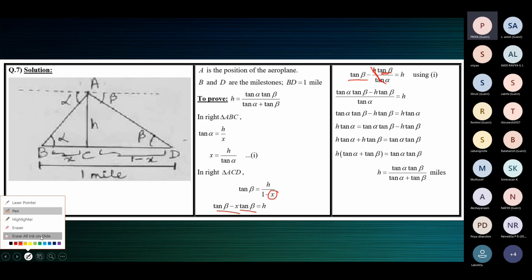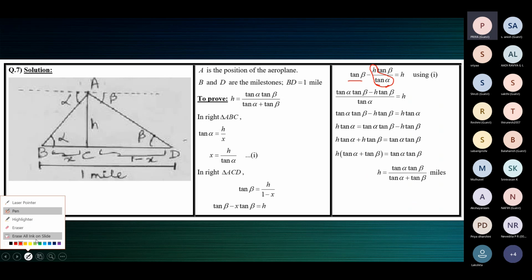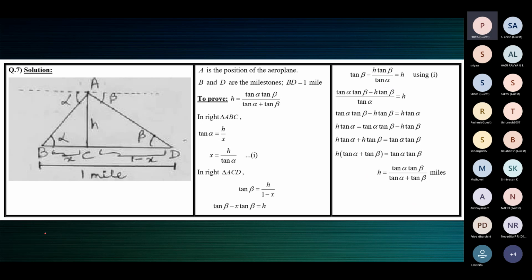We've just substituted. This is tan beta, this is x. Instead of x, h by tan alpha. That's all. Now when you work this, you will get h.